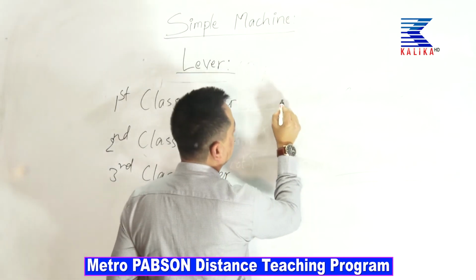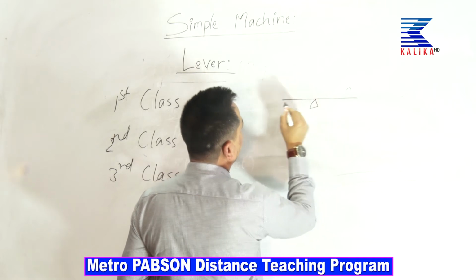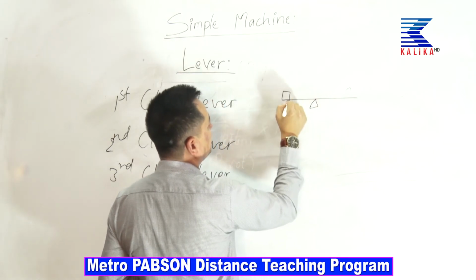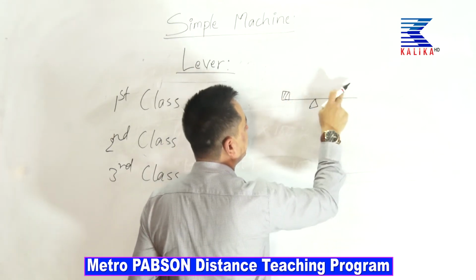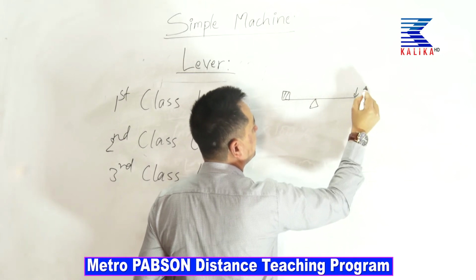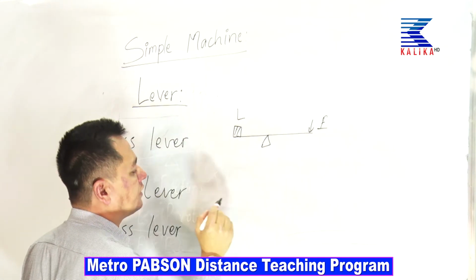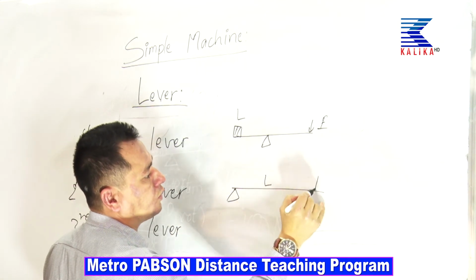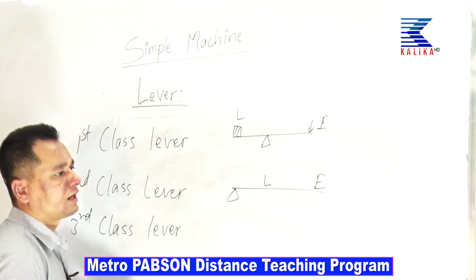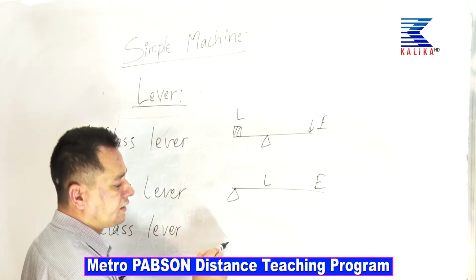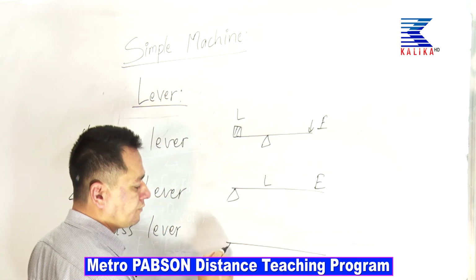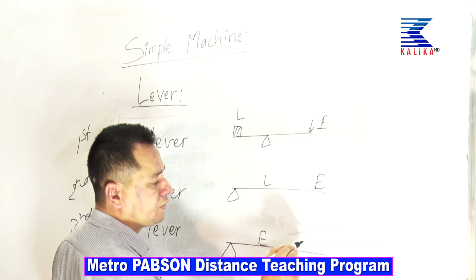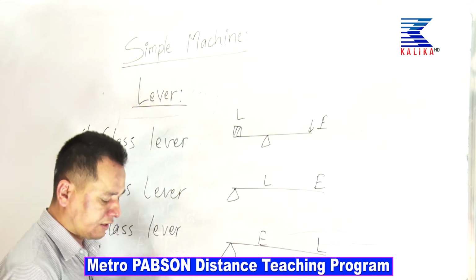First class lever: fulcrum is in between load and effort. In second class, load is in between fulcrum and effort. And in third class, effort is in between load and fulcrum.